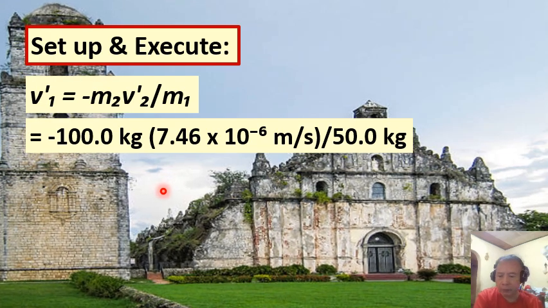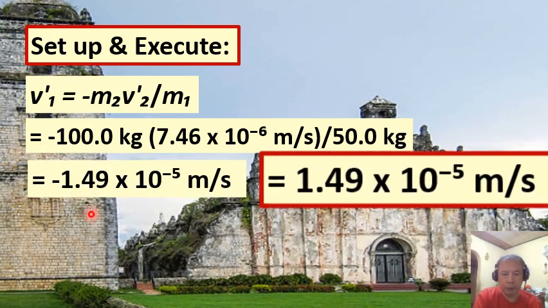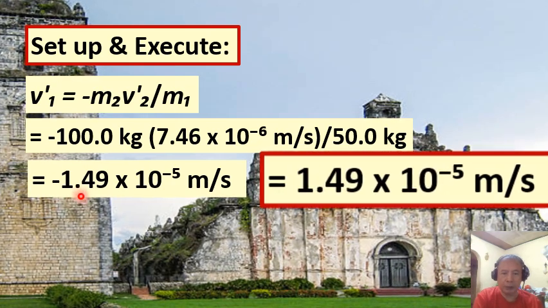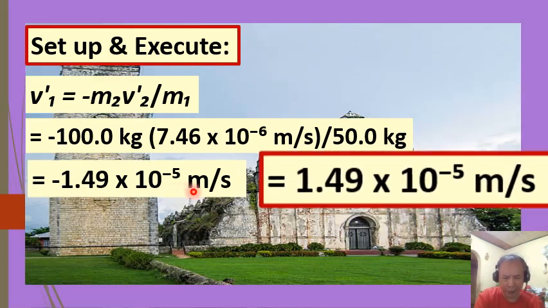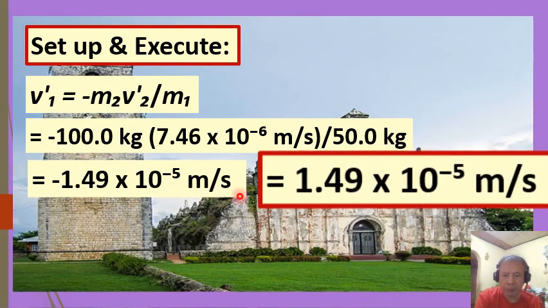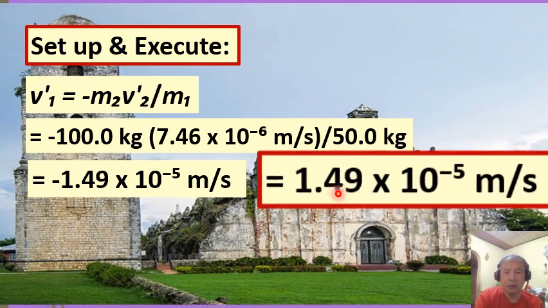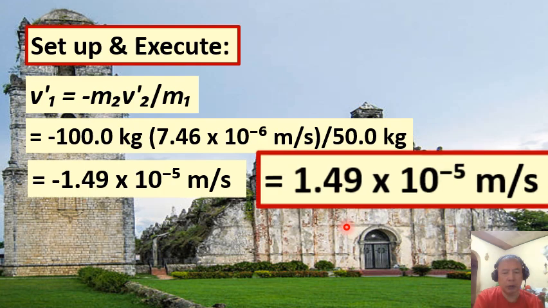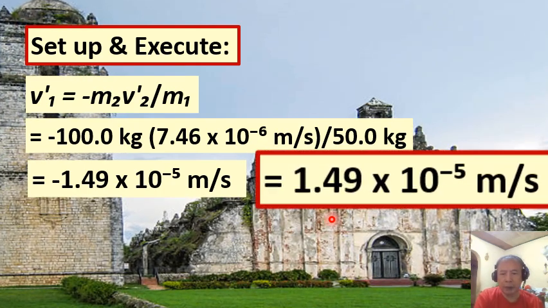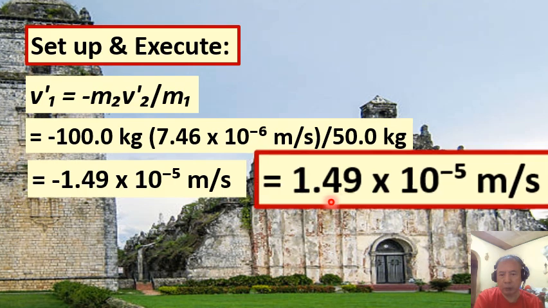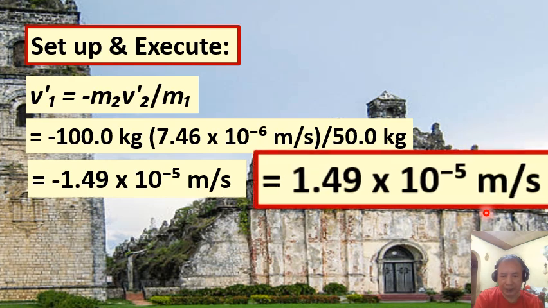When we do our math, we get the value of b prime 1 equals negative 1.49 times 10 to the negative 5 meters per second. And since we're just after the speed, the final speed of sphere number 1 equals 1.49 times 10 to the negative 5 meters per second.